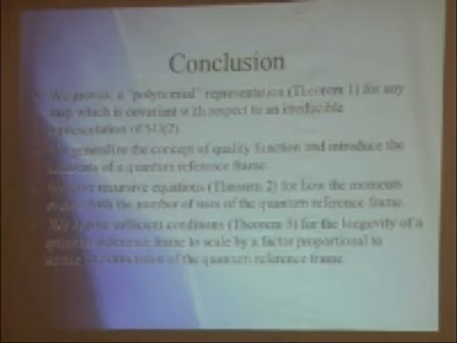Then we generalized the concept of quality function and introduced the use of moments for a quantum reference frame, and we gave recursive equations. We simplified those recursive equations by using the previous representations, and we derived a sufficient condition for the longevity of a quantum reference frame to scale by a factor proportional to the square of the dimension of the quantum reference frame. Thank you.